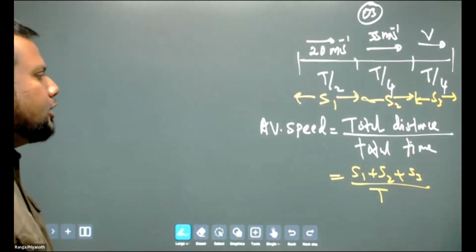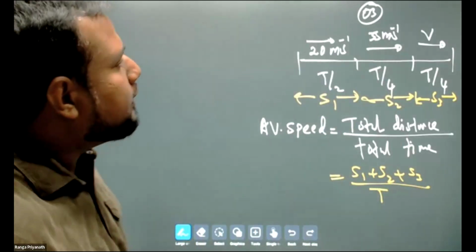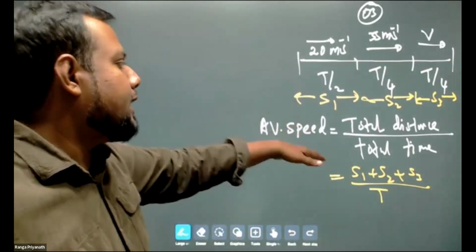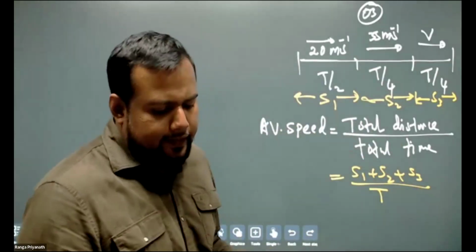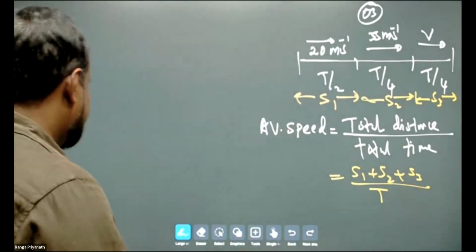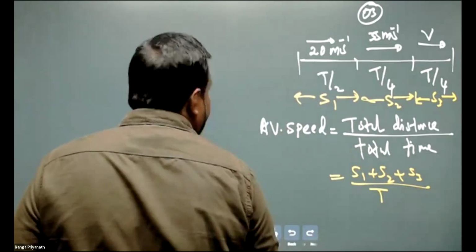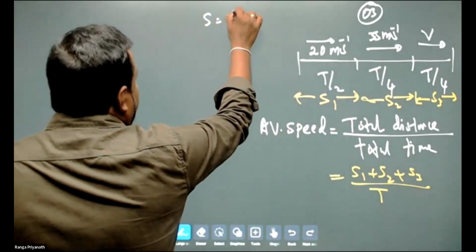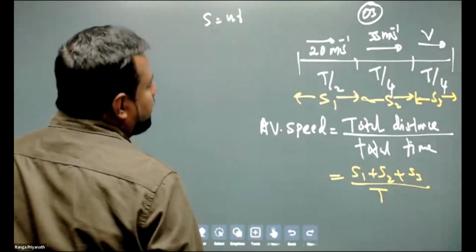Now I'm trying to convert the distances using the relation between speed and time, so I can simplify easily. We know that distance equals speed into time.